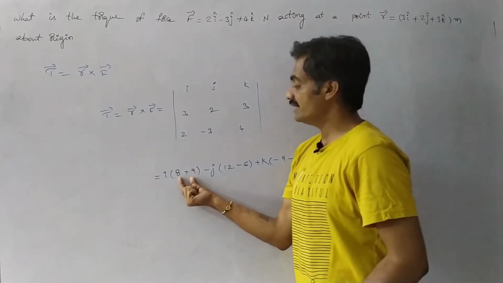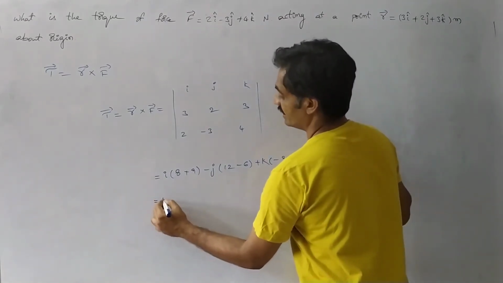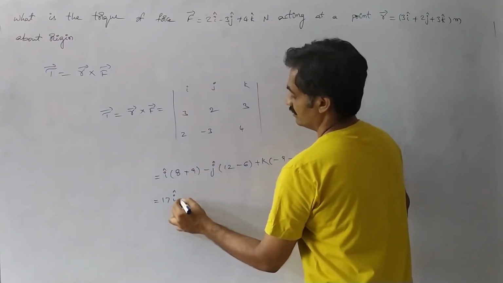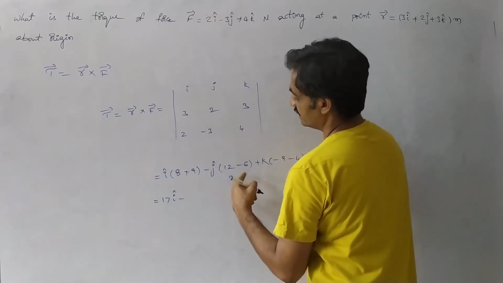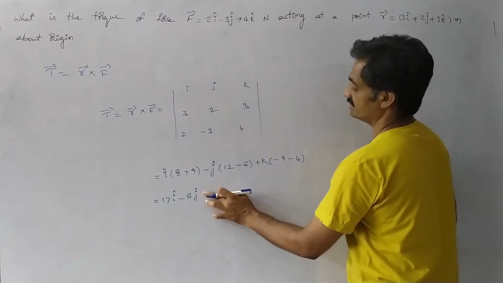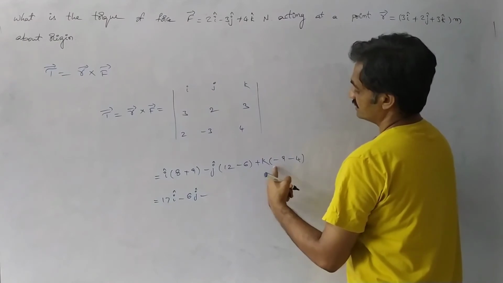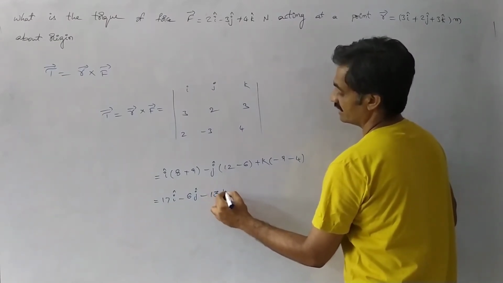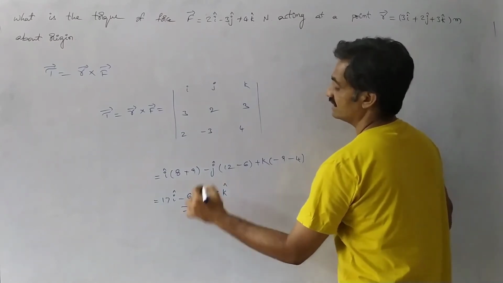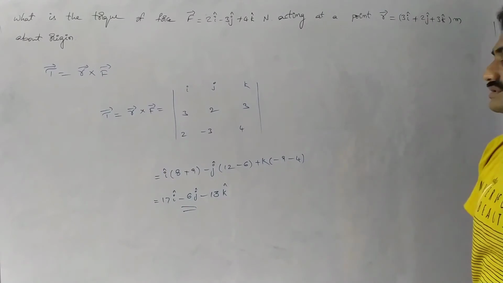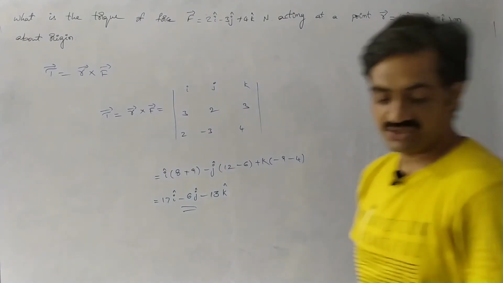So here observe that 8 plus 9 is 17 i cap, minus 12 minus 6 is minus 6 j cap, minus 9 minus 4 is minus 13 k cap. It represents the torque acting at a point based on this force. Take a screenshot. We will continue.